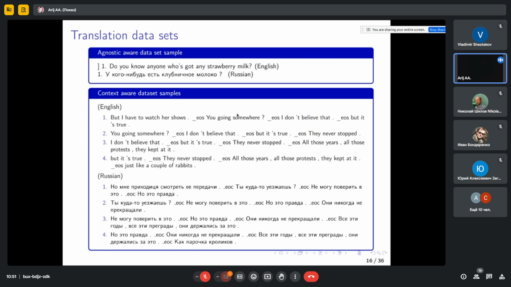The second dataset is the context-aware dataset, where we have a document, and this document is chunked with a sliding window of 4 sentences and a shift of 1 sentence in each example. As a quick explanation, we can note that the second sentence in the first sample is the first sentence in the second sample, and so on.